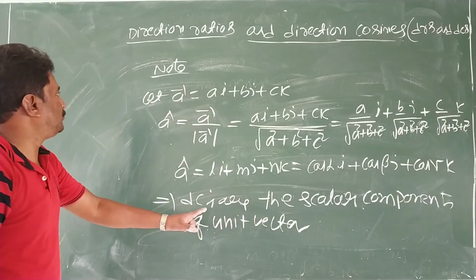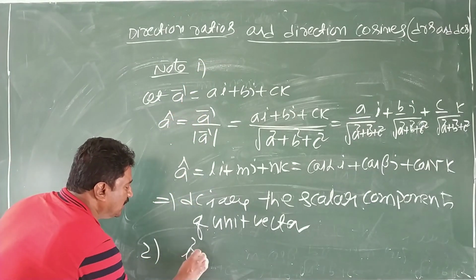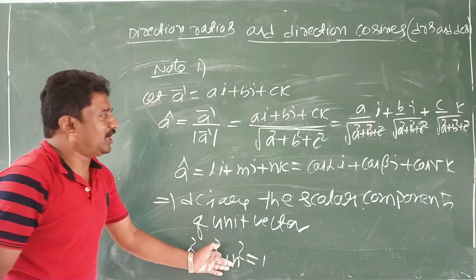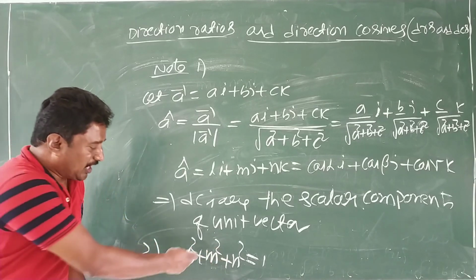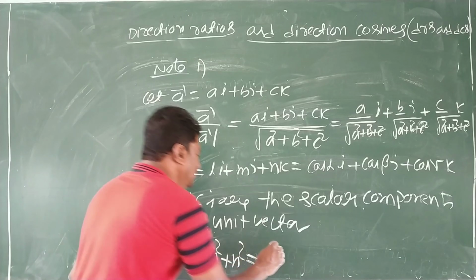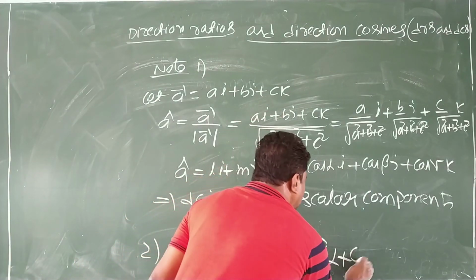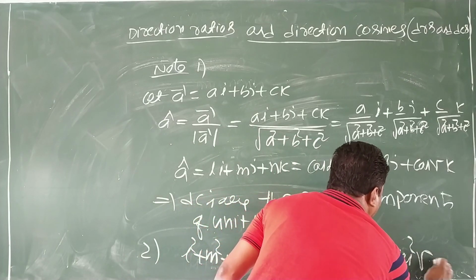Lastly, remember this point, students. Note 2: the sum of the squares, l square plus m square plus n square equals 1. You cross check; if you want, square, add and simplify and it comes. You cross check this at home. Cos square alpha plus cos square beta plus cos square gamma becomes 1.